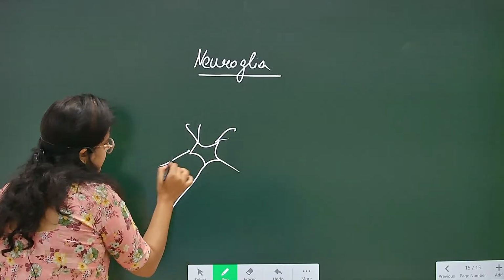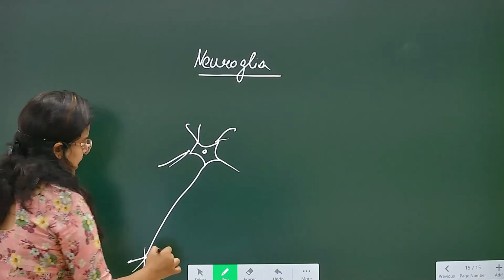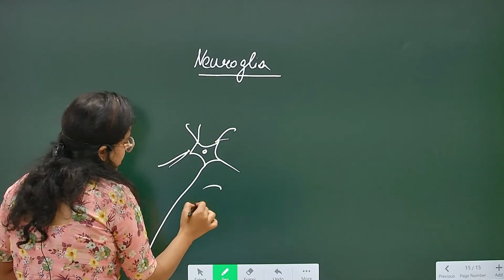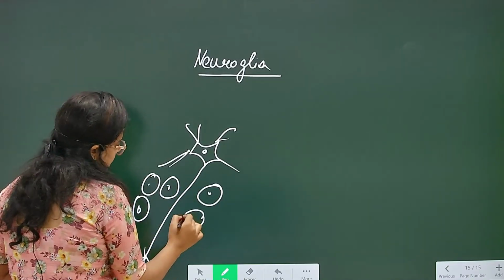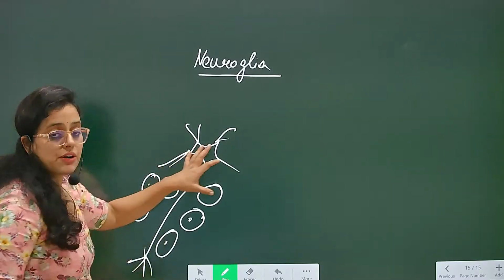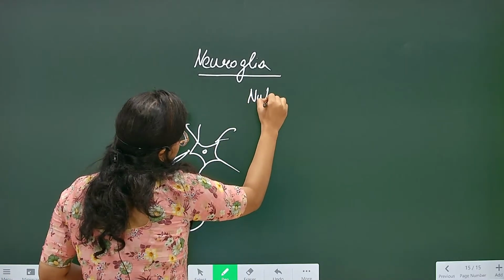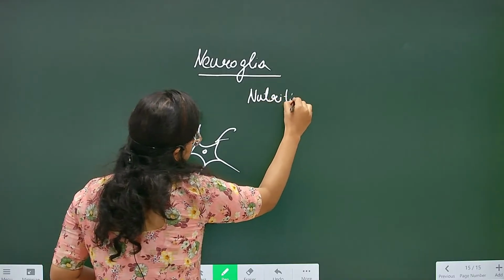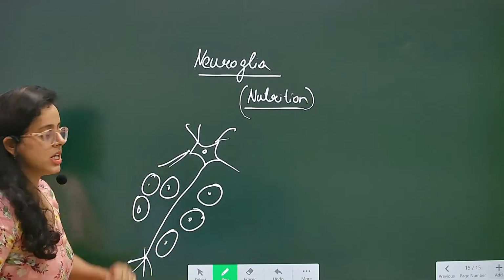Nerve cells have dendrites and axons. Surrounding these are cells that are closely present, which protect the nerve cells or nerve tissue as well as provide nutrition to them.